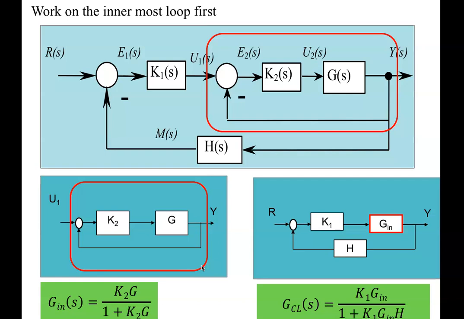In the feedback loop, you identify how many transfer functions there are, multiply them together, and then plus 1, put that in the denominator. So we end up with 2 equations here. The GIN, that's that little block inside. We have GCL, that's the overall transfer function.